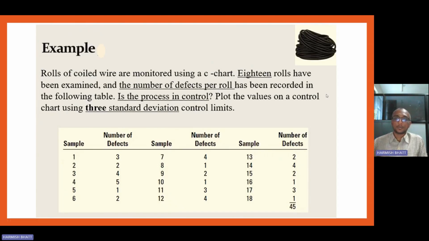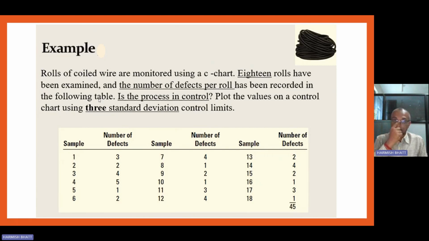To understand the preparation of the C chart, let us go through an example. The example says that rolls of coiled wire are monitored using a C chart. 18 rolls have been examined, which means the number of samples is 18. The number of defects per roll has been recorded in the following table.